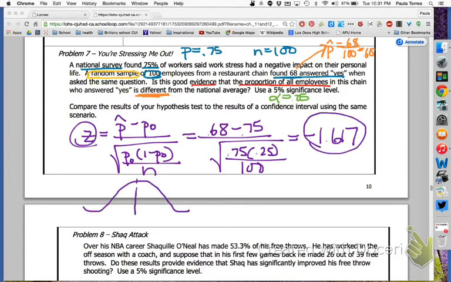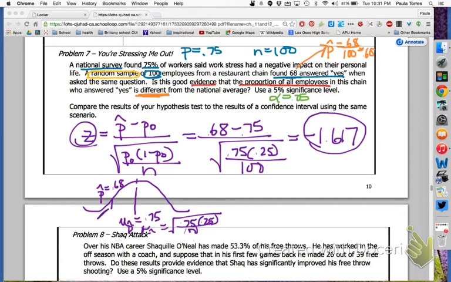Again, I want to make a picture of it. So this is mu of p hat, which is the same as p, and then the standard deviation for p hat is that standard deviation we had on the bottom. And my particular p hat, 0.68, is on the left.